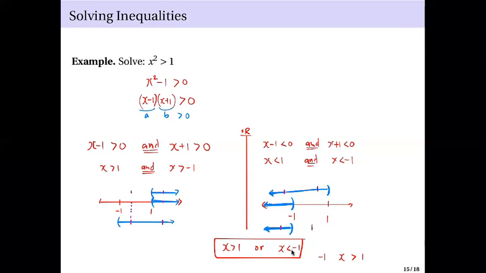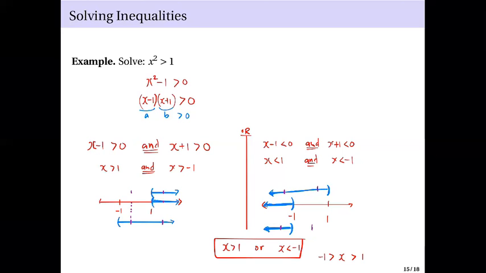But this guy here means that your -1 should be greater than x. So what is that? Your -1 should be greater than your x, meaning you have something like this, correct?